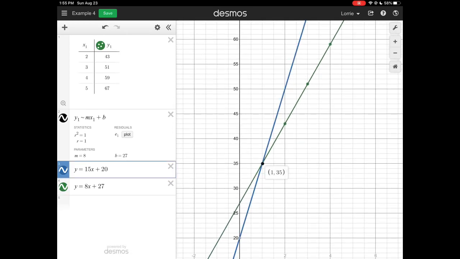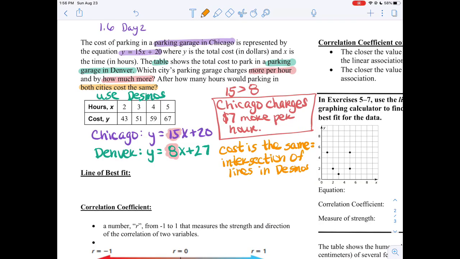And the intersection is at 1, 35. Remember, the x is hours and y is the cost. So after 1 hour, they both cost $35. Back over here then, how many hours do we have to stay in the parking before both cities are the same? Well, they're the same after 1 hour because x was equal to 1. So same after 1 hour.